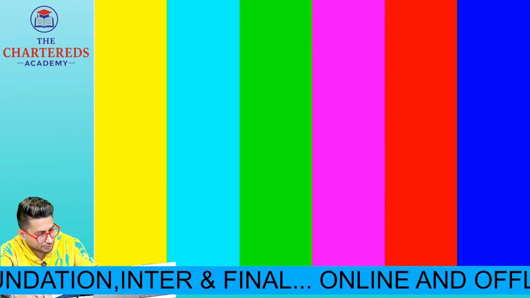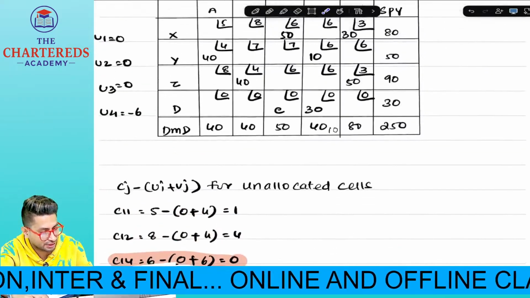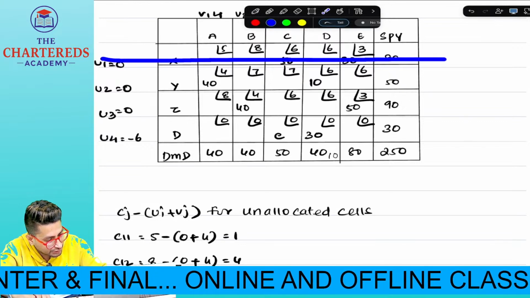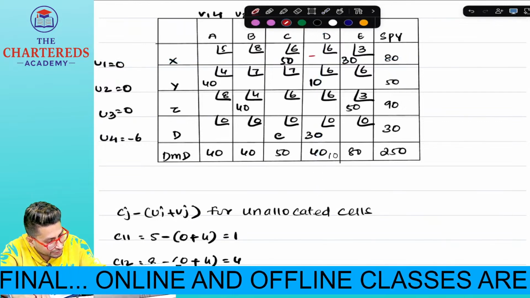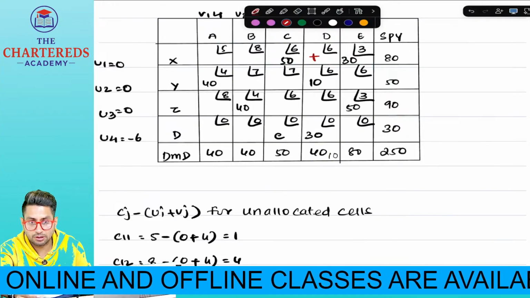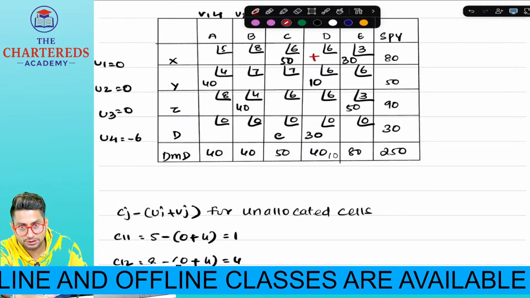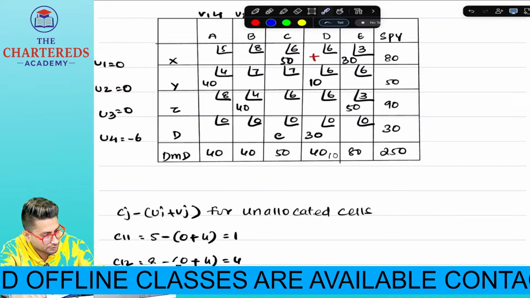Now let us say I will select this one, C14. Here I will create a loop from here. If a loop is forming, an alternative solution is possible. If a loop is not forming, an alternative solution is not possible. C14, right?